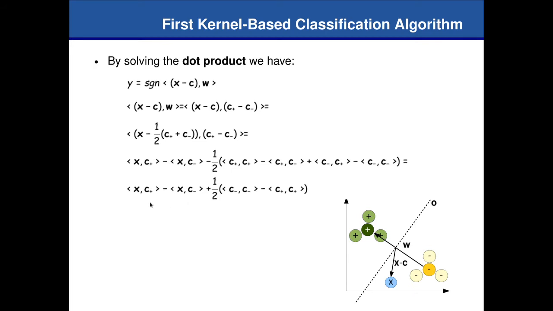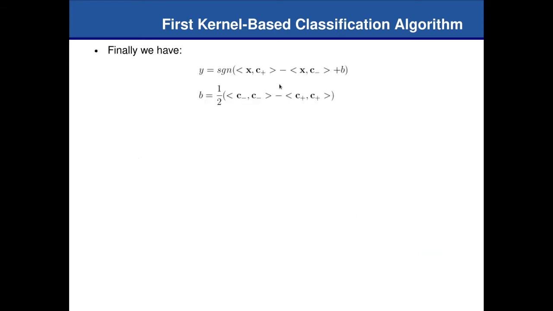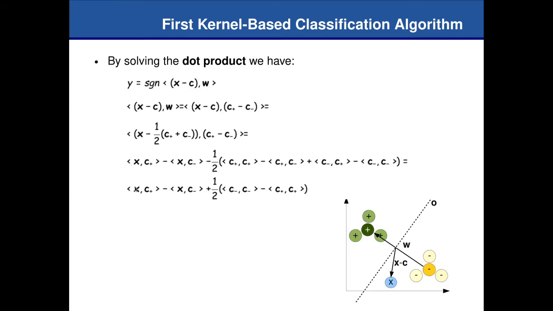People are going to call this the result of the application of W on my vector, and this a term B. So here I'm just showing that in the typical formulation where I have X and C plus, X and C minus. Again, X is the point or the position vector I'm classifying at this point.